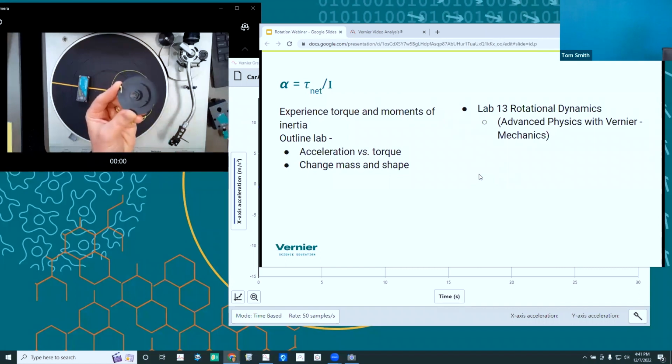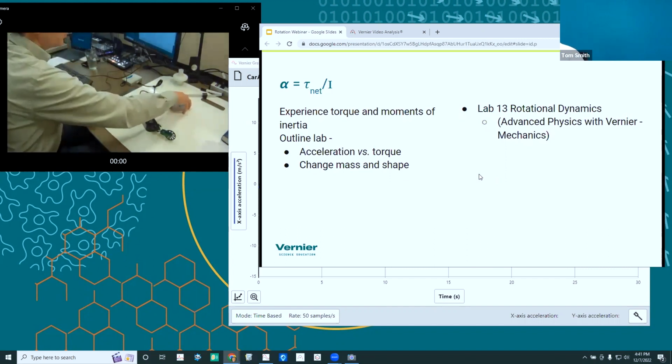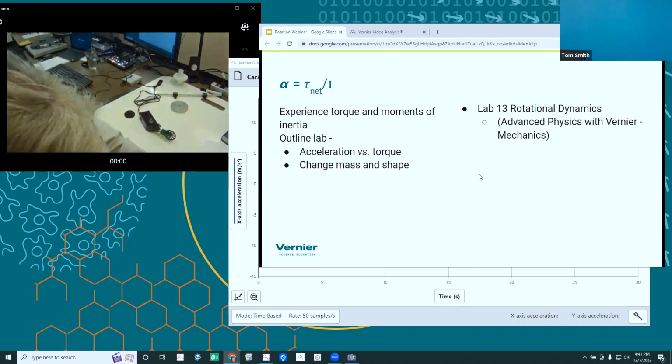And then it's always tied there. I'm not going to lose my string. It's not going to fall off every time I run my experiment. So a couple of tips there for setting the equipment up. In this lab, let me move my apparatus over here so we can take a look at it.